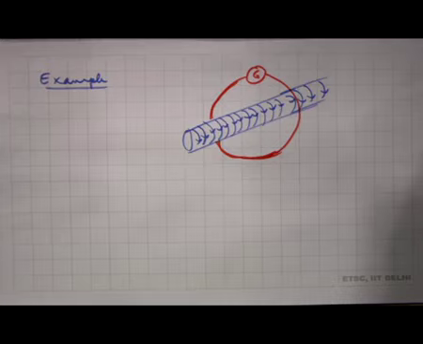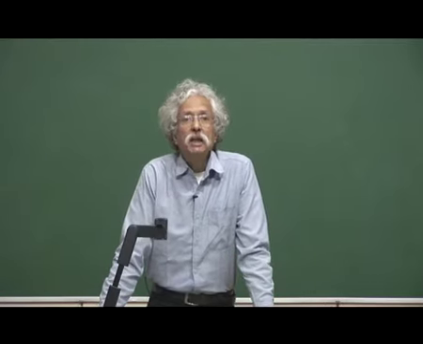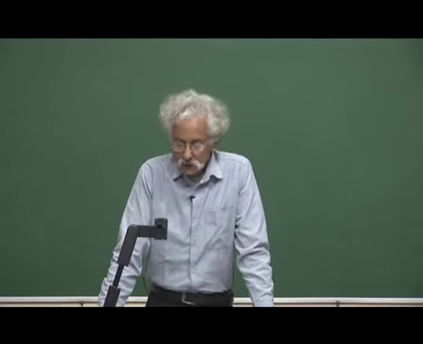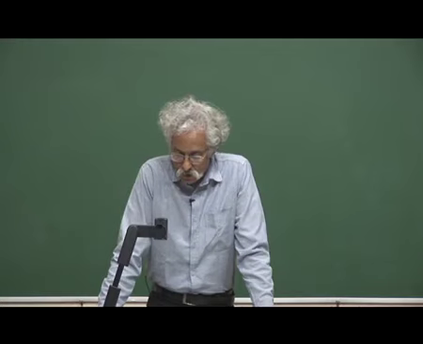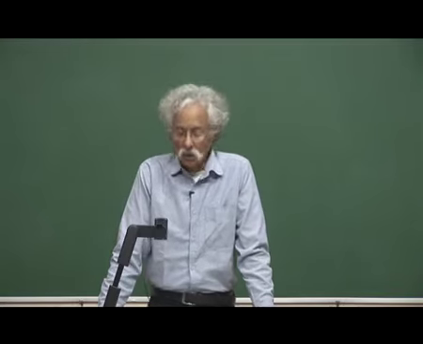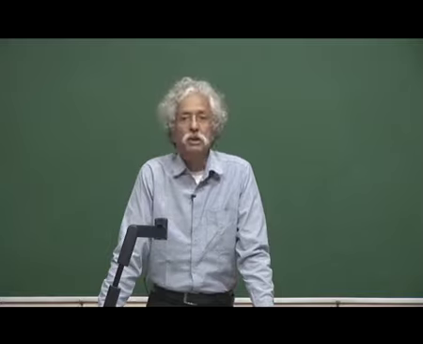Now, the question arises as to what will happen if I change the current in the solenoid. The first thing to notice is that if the solenoid is in principle infinitely long, the magnetic field outside the solenoid is extremely small. It's almost negligible.